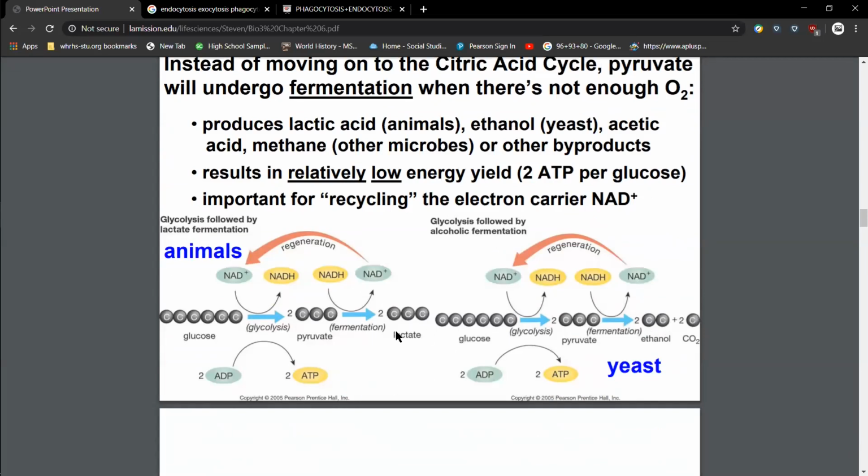But the important thing is that NADH gets recycled to NAD+. Remember in glycolysis, NAD+ gained its electrons and got converted to NADH. In fermentation, NADH gets reverted back to NAD+. And this is really, really important because if you just did glycolysis, you would have a ton of NADH buildup and no more NAD+. But with fermentation, you're going to recycle that NADH back to NAD+.